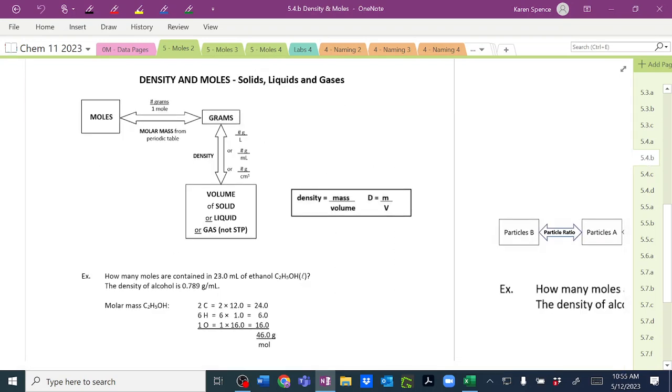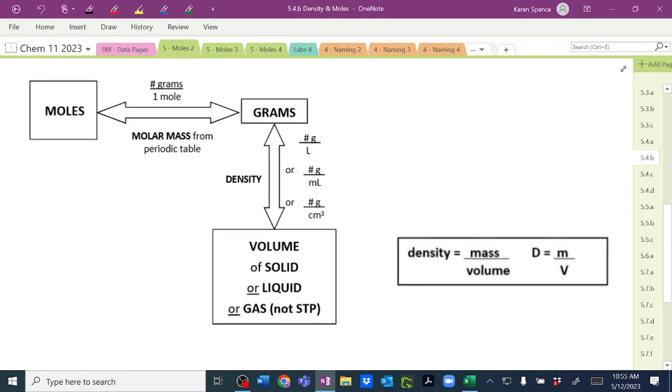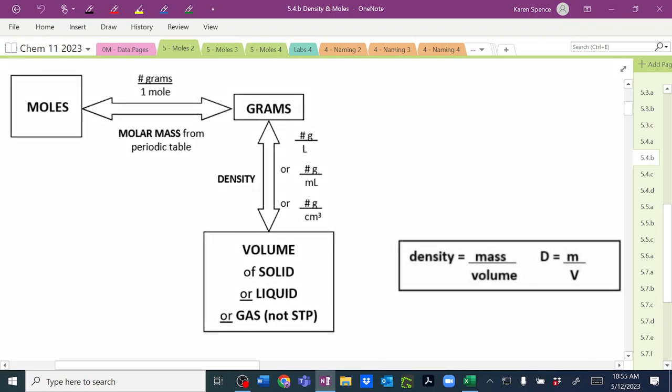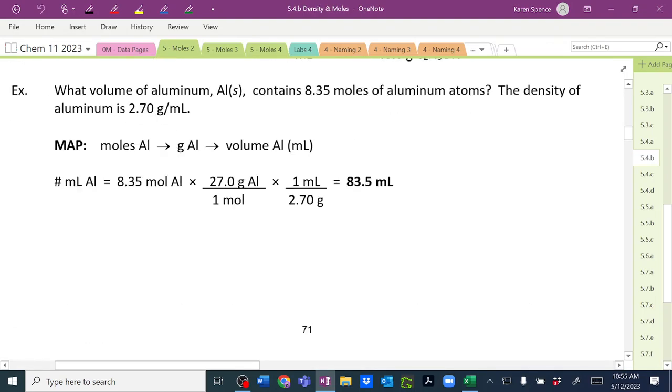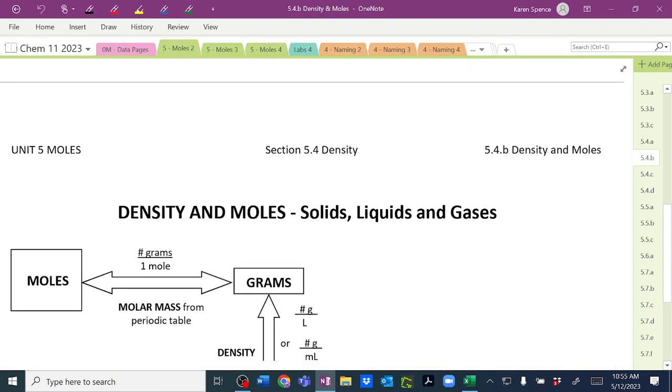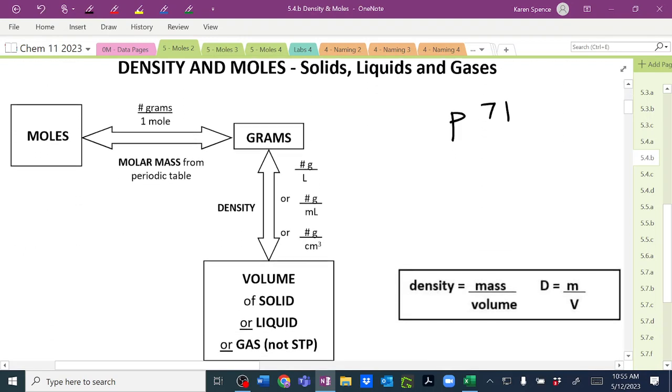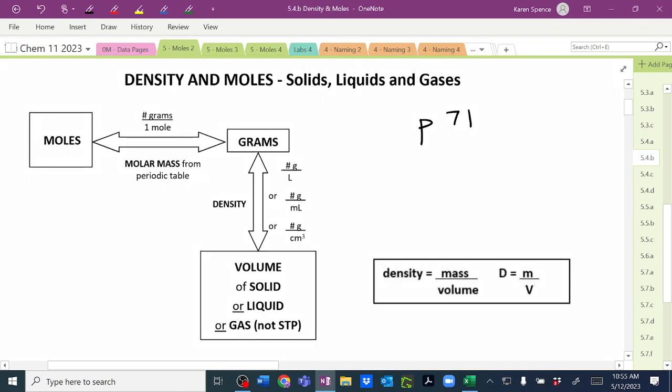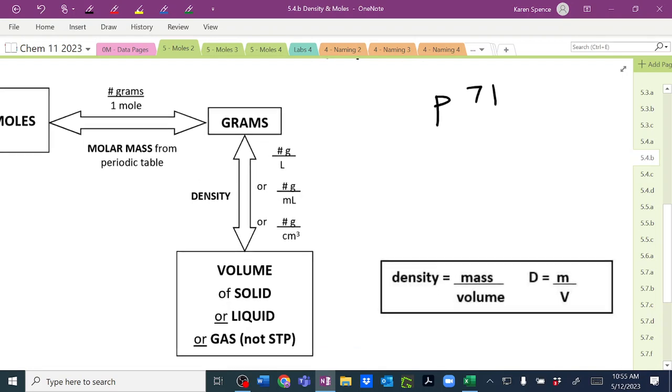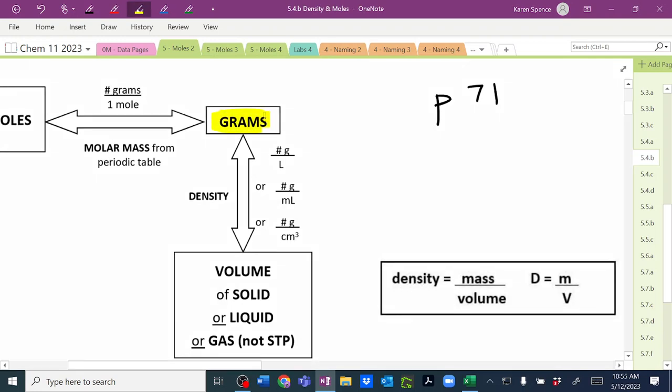So this is now on page 71. In the last problem we did, we converted grams into liters using density. So guess what? We can convert grams into volume by using the density.